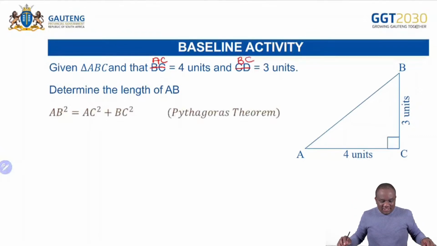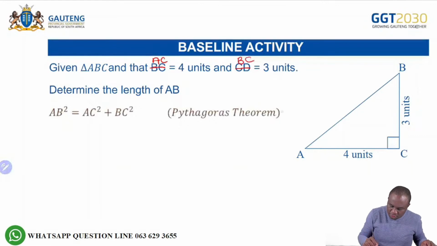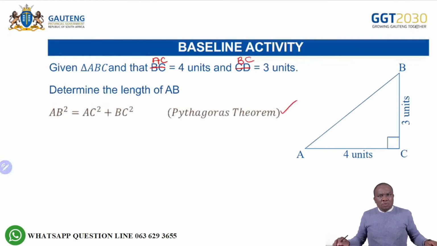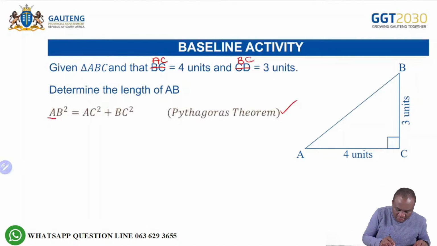Welcome back, grade 10s. So let's find the length of AB, which is the hypotenuse. And we're going to use the Pythagoras theorem. What does the Pythagoras theorem say? The hypotenuse squared is equal to the sum of the squares of the other two sides. So now we're saying AB, which is the hypotenuse, squared is equal to AC squared plus BC squared.